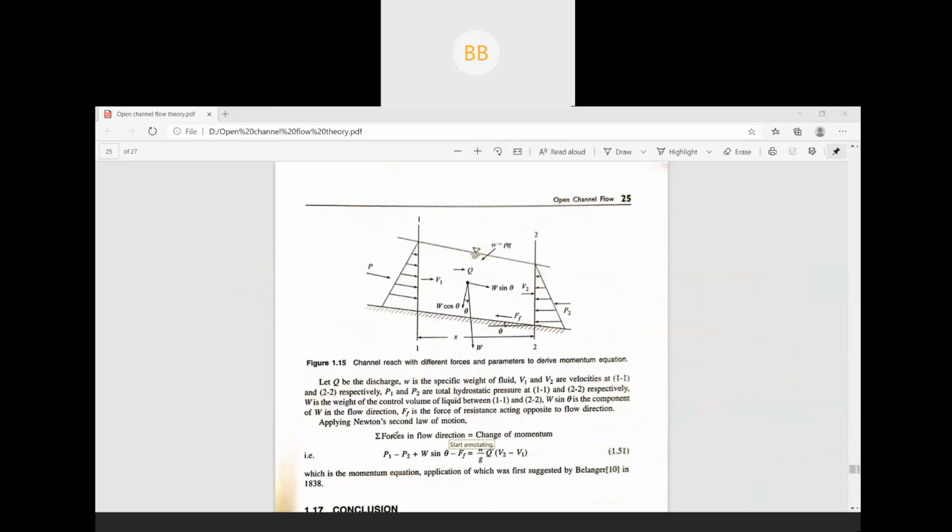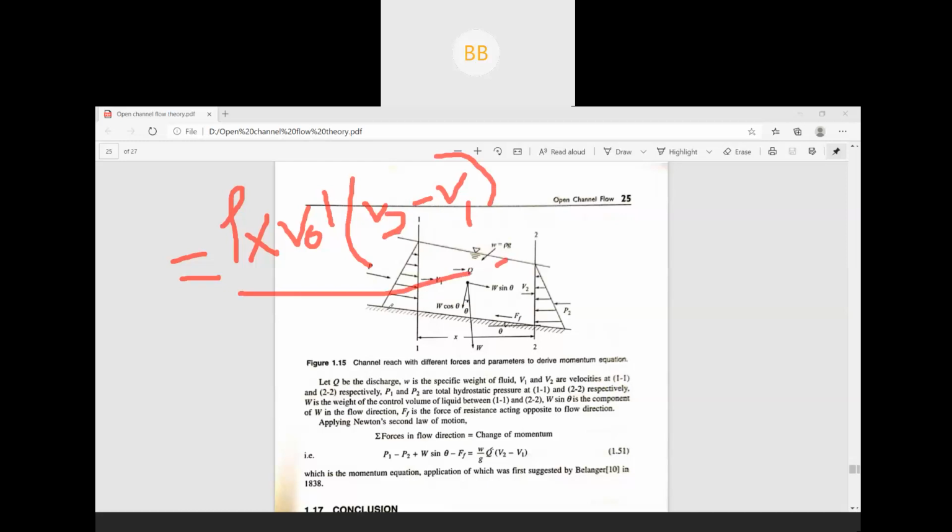So that first part will be P1 minus P2 plus W sine theta minus friction force, is equal to, in place of mass, we are going to substitute density multiplied by volume. Then we have V2 minus V1 divided by t.